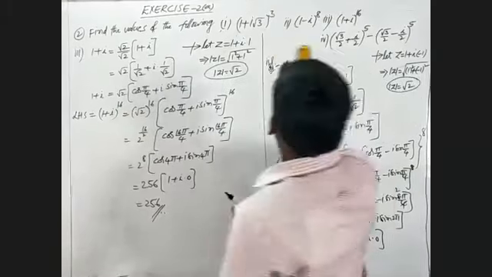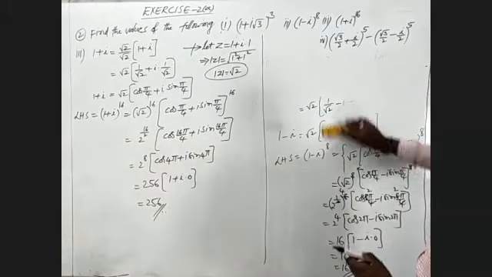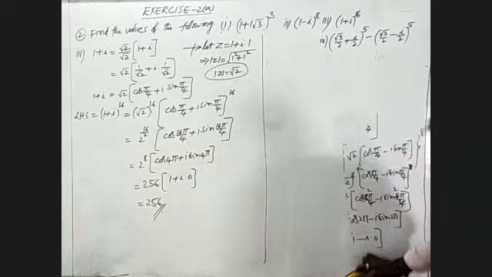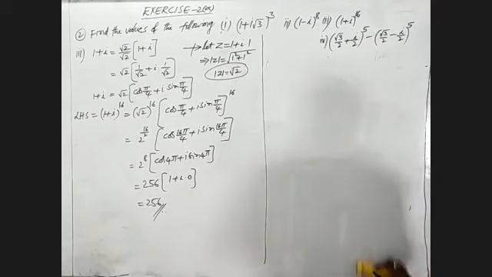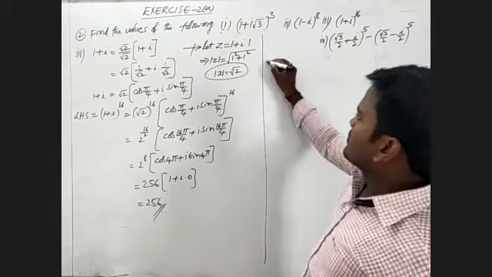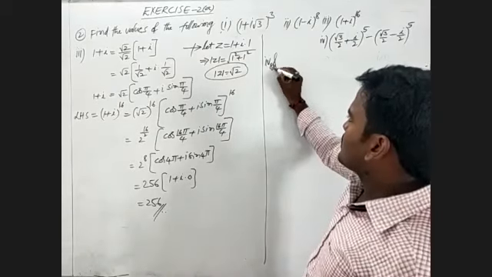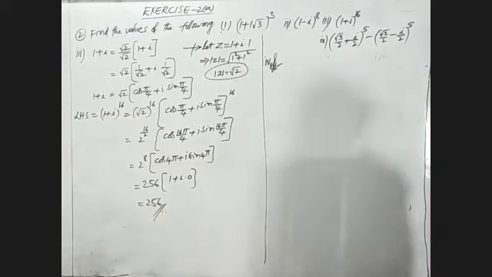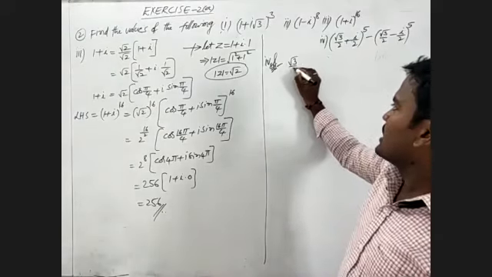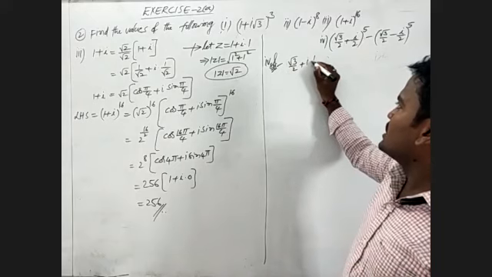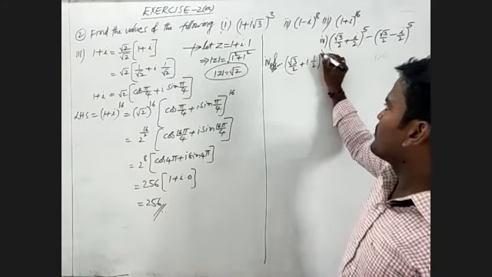Now I am going to the fourth one. I will take root 3 by 2 plus i into 1 by 2 whole power 5.